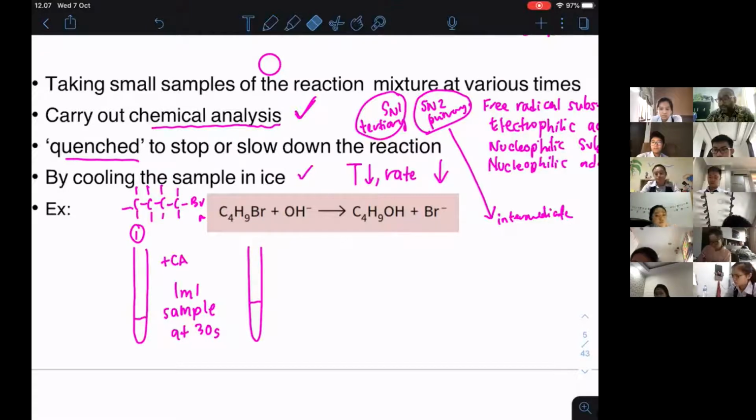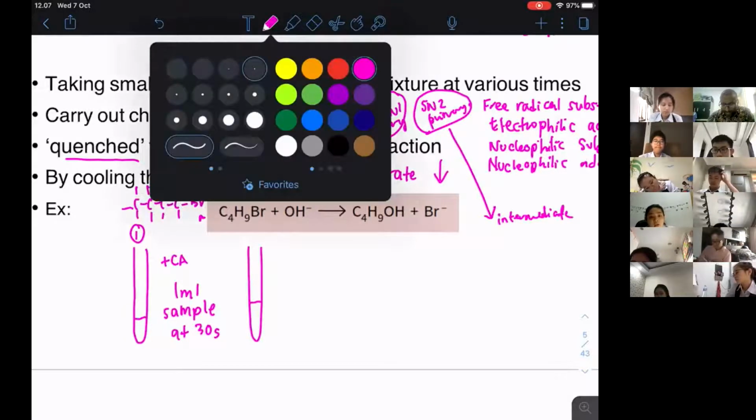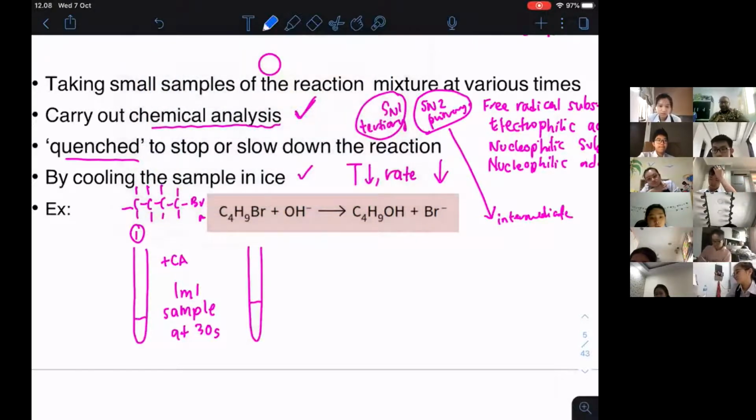Gabriela, Nicole, can you suggest what might be the suitable chemical analysis that we can use to calculate the reaction rate of this reaction? What do you think? Just suggest, anything that comes to your mind. Mass. Why mass? Actually, no need for mass.